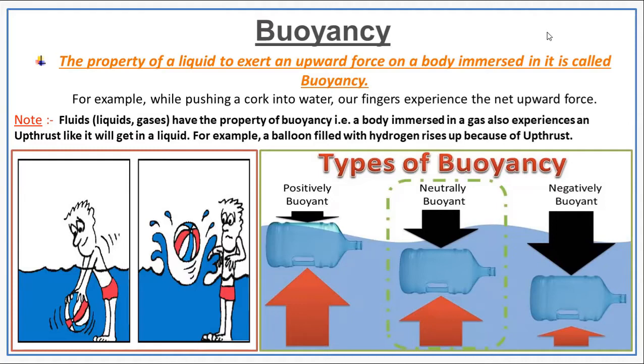If the body experiences an equal amount of buoyant force as its own weight, we say it is neutral buoyancy. And if the body experiences less buoyant force than its weight, it is considered negative buoyancy.